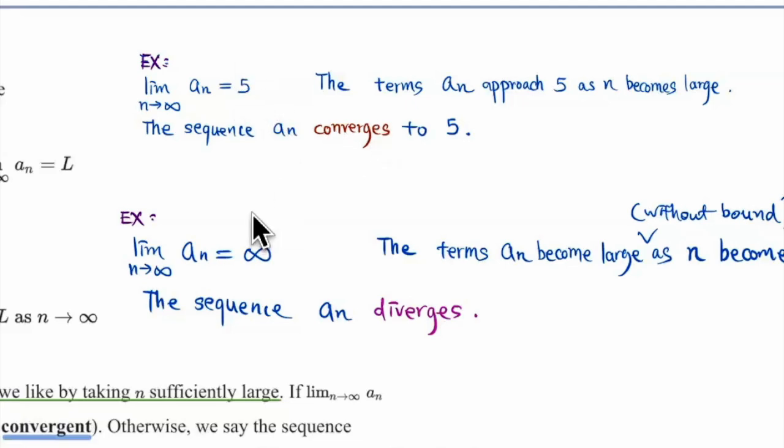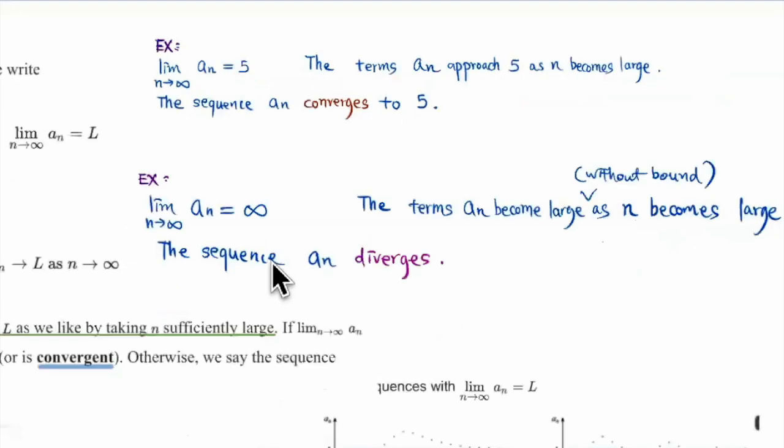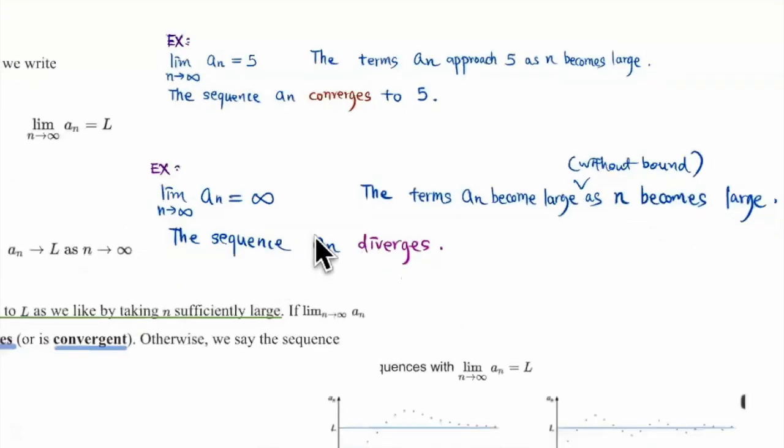And what do you mean the limit over here is infinity? The limit being infinity basically means that the sequence gets bigger and bigger without bounds, right? Like 1,000, then a million, a billion, etc. So it means the terms become larger and larger without bounds as n becomes large.